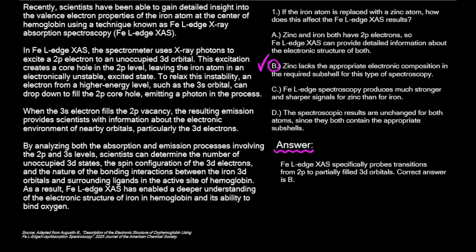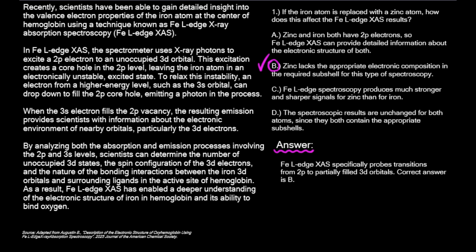Here, question number one reads: if the iron atom is replaced with a zinc atom, how does this affect the results? Option A says zinc and iron both have 2p electrons, so the spectroscopy technique can provide detailed information about the electronic structure of both.